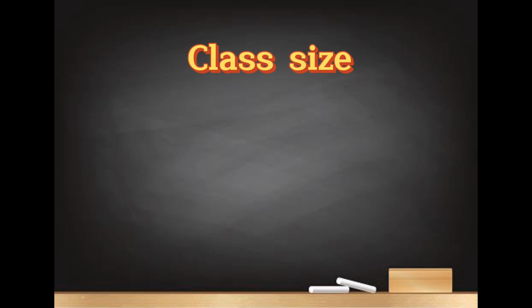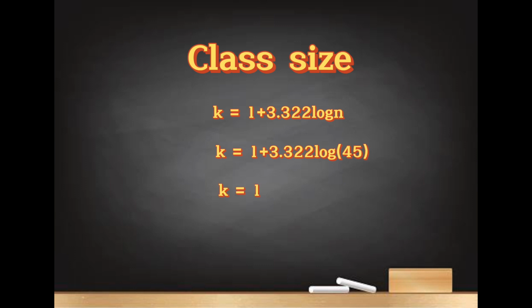In our data, k is equal to 1 plus 3.322 log n. K is equal to 1 plus 3.322 log 45. K is equal to 1 plus 5.49. K is equal to 6, where 6 is the class size.